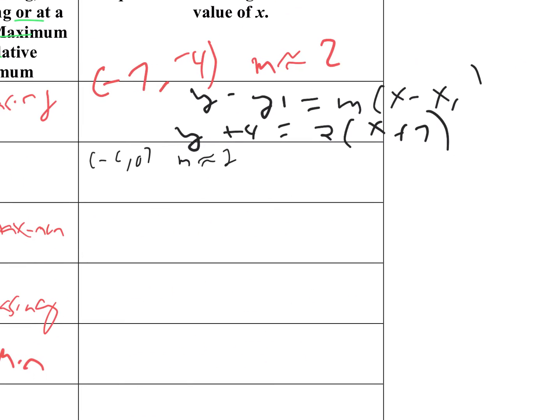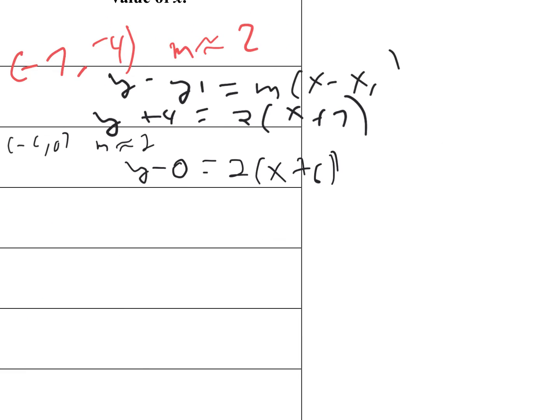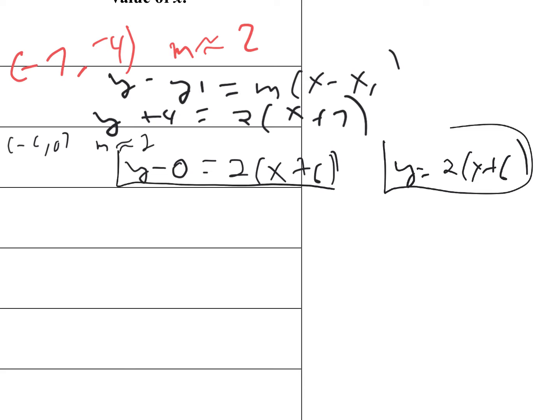So y minus y1 gives me y minus the 0 equals that 2 times x minus -6 gives me +6. Most people would not even write the y minus 0. They would just write y equals a 2 times x plus 6. And that's fine. They're both good answers. If you say that 0, I wouldn't care.